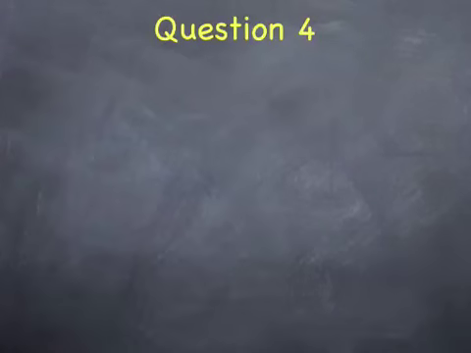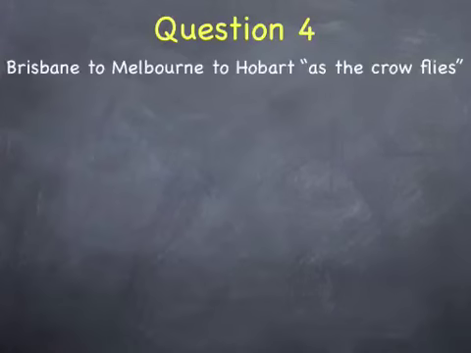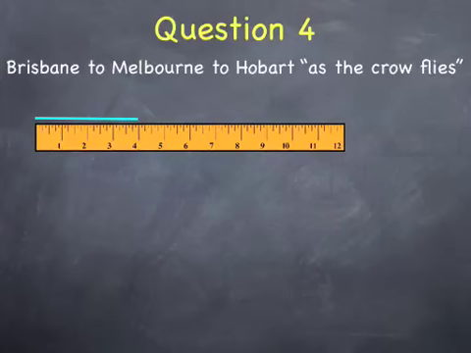Question 4, final question, Brisbane to Melbourne, then to Hobart. Okay, so you're going to need to draw 2 lines and measure both of them, and then add them together. Press pause, do that, and press play when you're ready. Okay, here's the line, and when we measure it, I got 4 centimetres when you put them together. All right, Brisbane to Melbourne was 2.7 and Hobart was 1.3 centimetres.